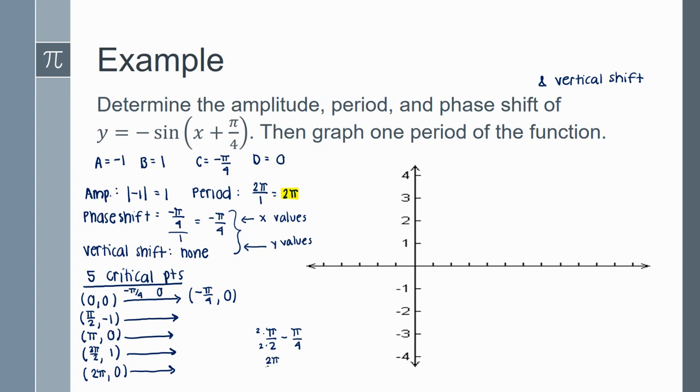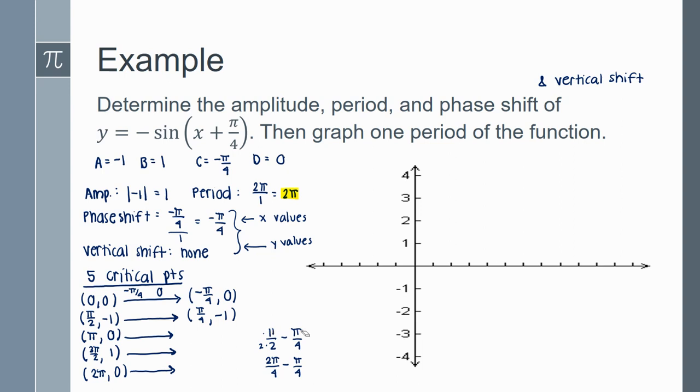So really, this is 2 pi over 4. So 2 pi over 4 minus pi over 4 is going to give me a positive pi over 4. So that's the first number. And then negative 1 plus 0 is still negative 1.